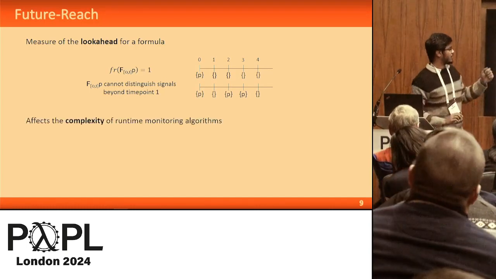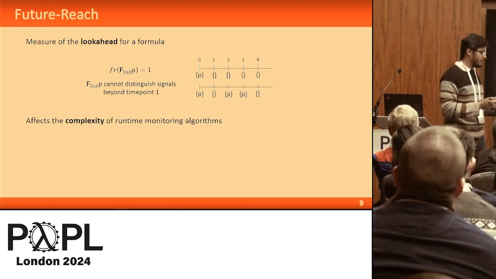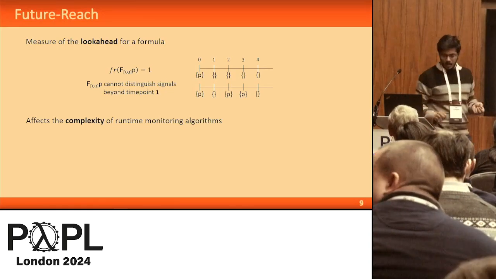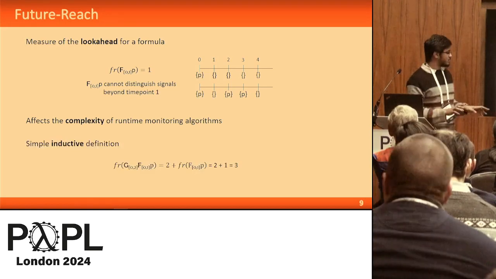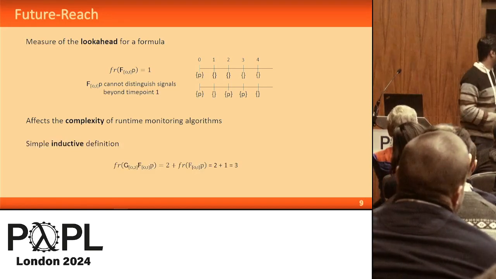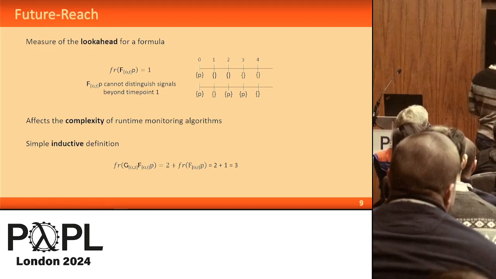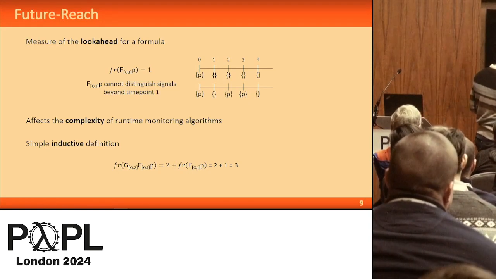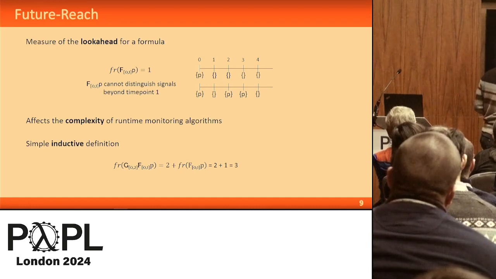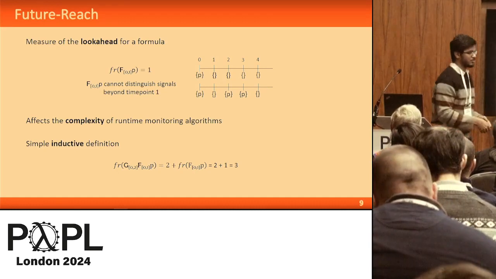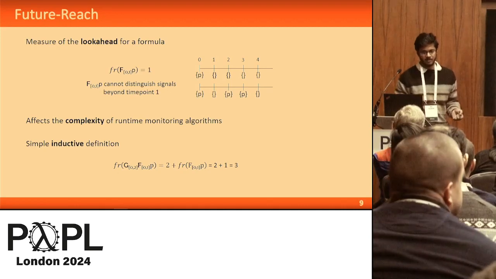And this criterion often shows up in the complexity of runtime monitoring algorithms. Moreover, it is very easy to calculate. It has a simple inductive definition. So suppose you want to calculate the future reach of this nested temporal formula. You could just use the future reach of the first part and add it to the future reach of the next part, and you have the future reach of the entire formula.